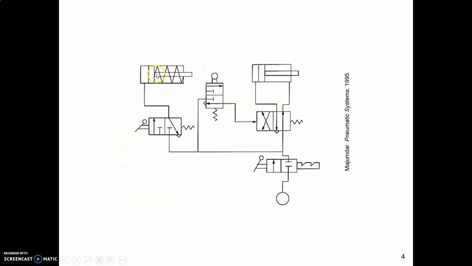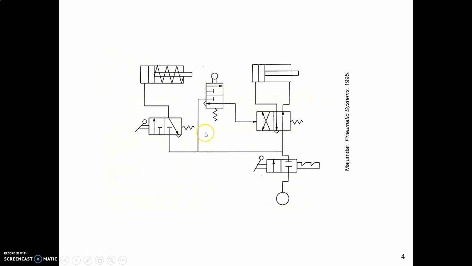Notice the first cylinder here is single acting, so there's just a line coming in. Then there's a spring that determines when air gets exhausted outward. The second cylinder, you can see, is a double acting cylinder, so there's an input line and a return line, and it can go either way.